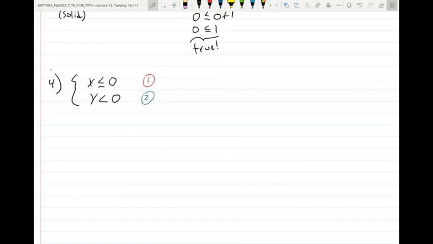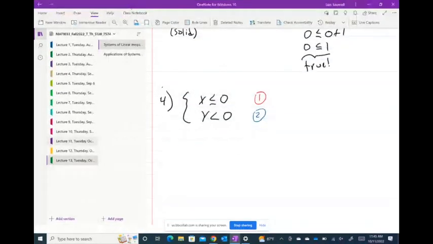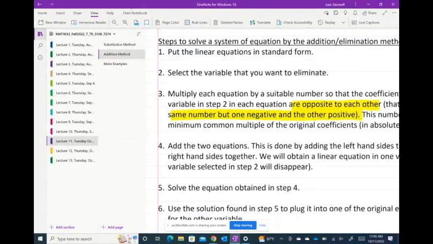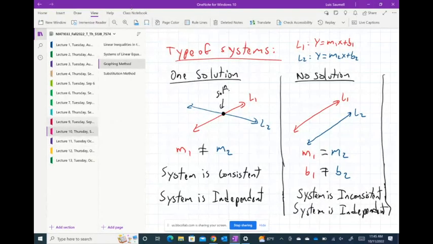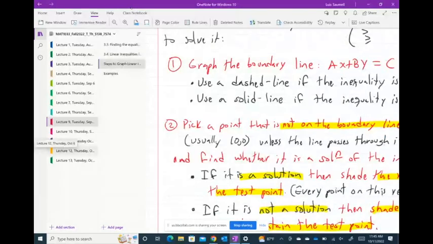In fact, if you notice, let me go back to our first discussion here. If you remember, this is linear equations, 2 variables.